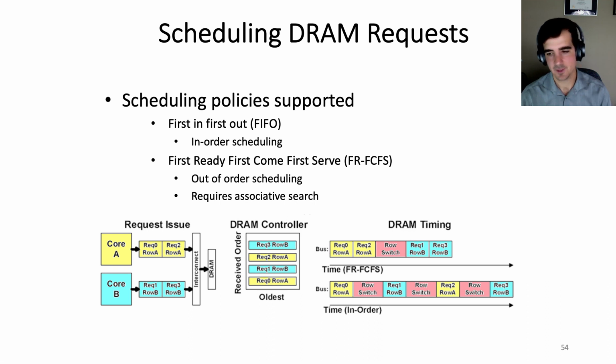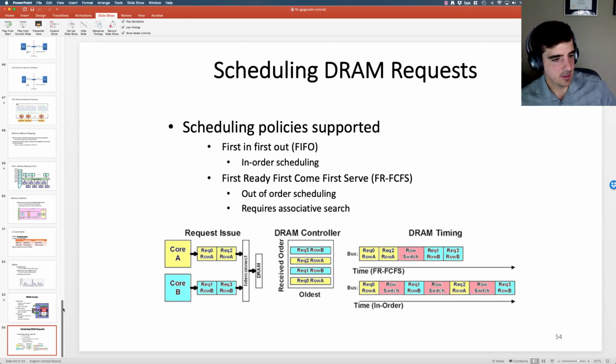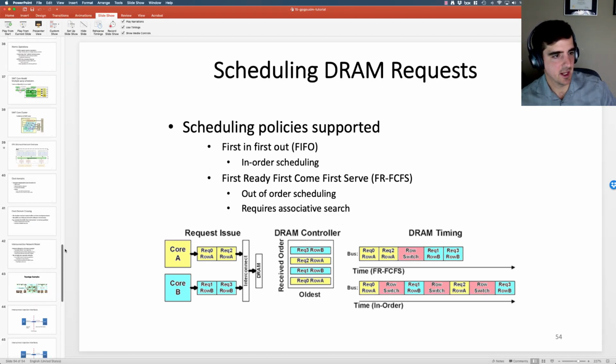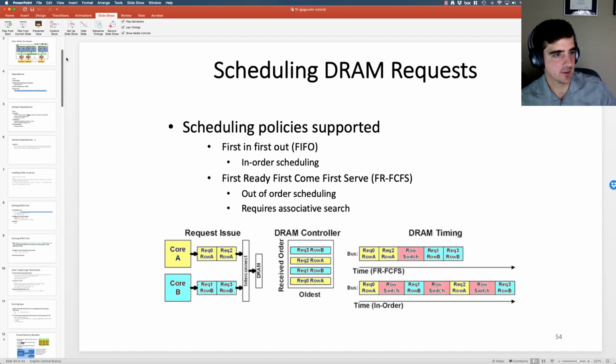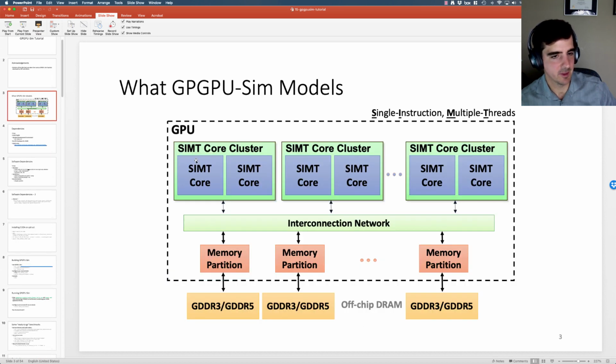By default. So that's it for this first segment of the GPGPU-Sim tutorial. None of this was any code overview. It's just giving you a sense of what is modeled in the system. And to recap, what's modeled is basically everything that's in this picture at a fairly low level of detail. DRAM is modeled with various timing parameters.